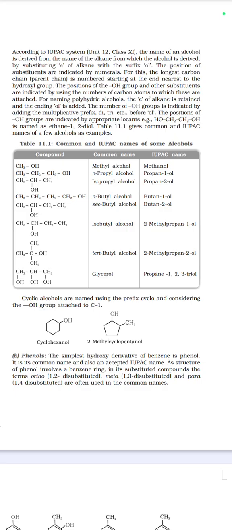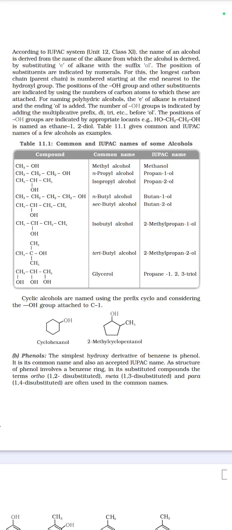For naming polyhydric alcohols, the e of the alkane is retained and the ending "ol" is added. The number of OH groups is indicated by adding the multiplicative prefix di, tri, etc. before "ol." The positions of the OH groups are indicated by appropriate locants.